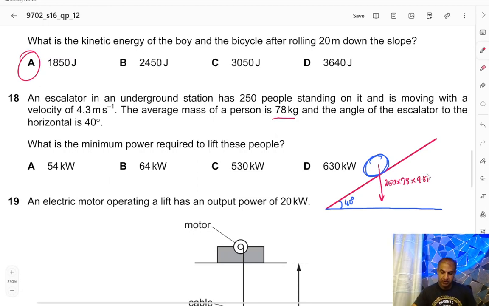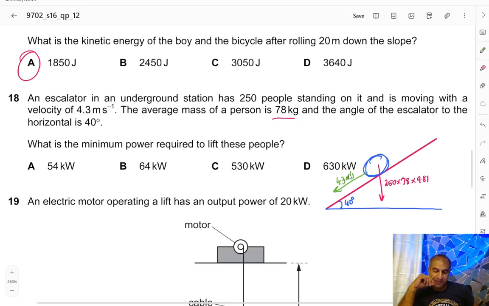That is the weight downward. And the escalator is moving with a velocity, which I'm going to mark with a different color. So this is the velocity, and that is 4.3 meters per second.